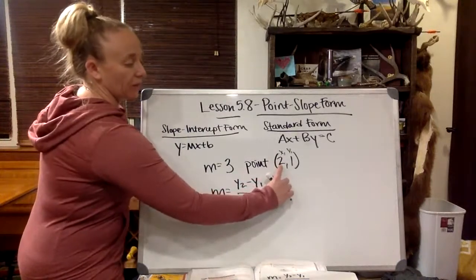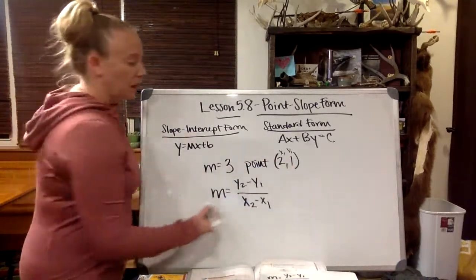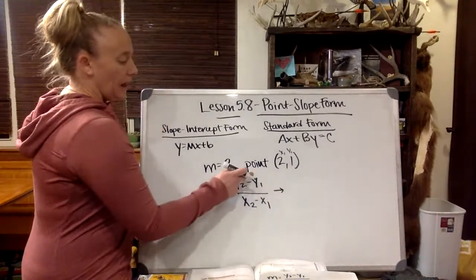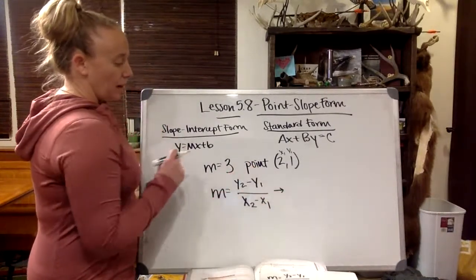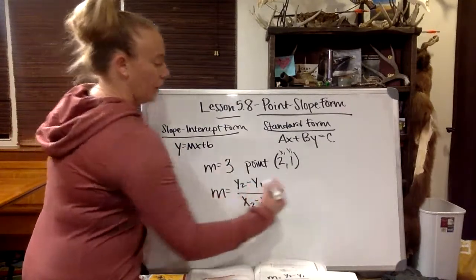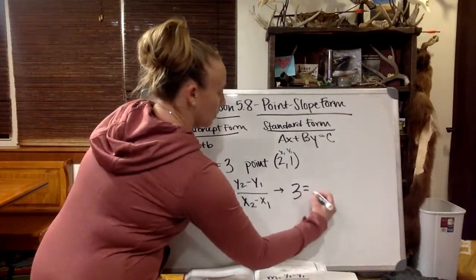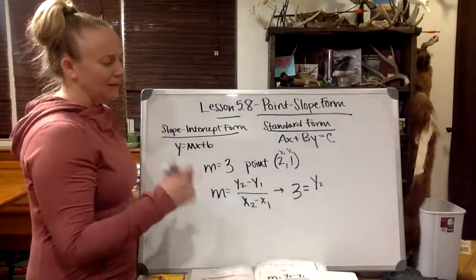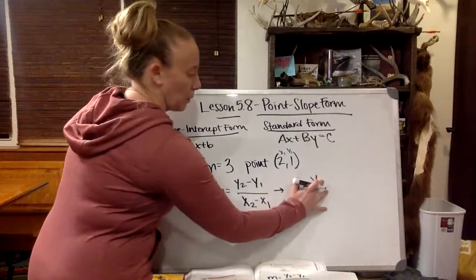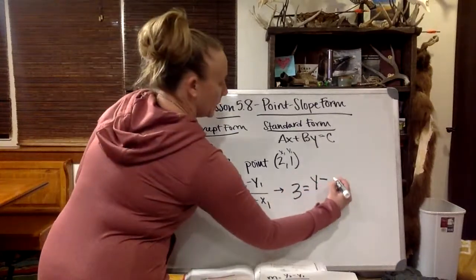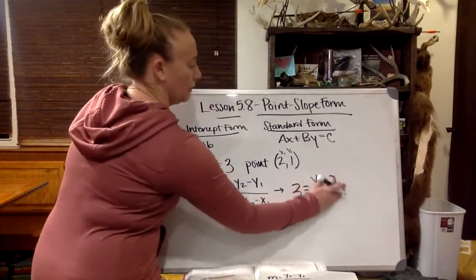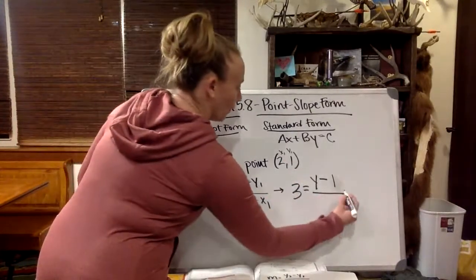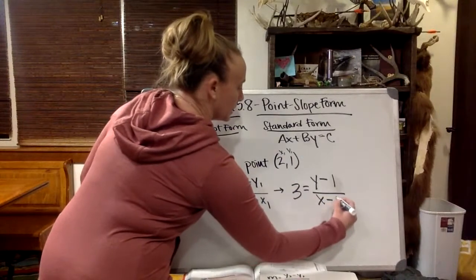So this is my x value, my y value of the first point. Instead of writing the slope and y sub 1 and x sub 1, I'm going to put in these values. So I get 3 is equal to y sub 2, and I don't have a second point, so I'm just going to write y minus 1, that's my y point, over x minus 2.